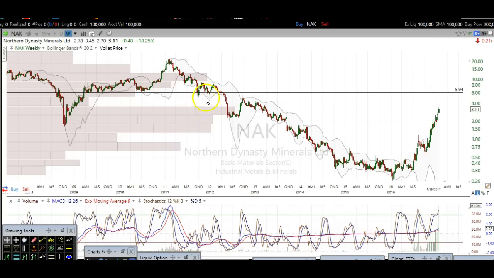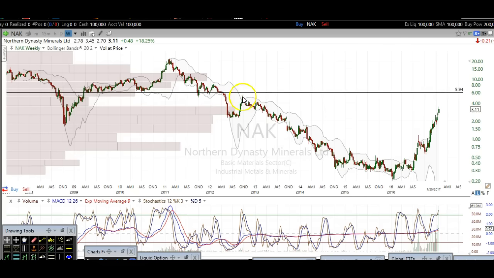So $6 is really the main resistance that I'm seeing, and this goes back to 2009, 2010, 2011, and a little bit of 2012. You can clearly see it was big-time support, and then it broke that, and once it broke that support, we came down here and just really tanked.